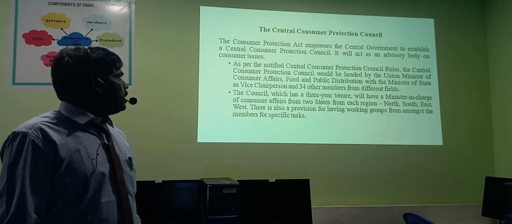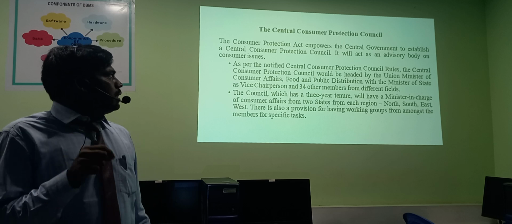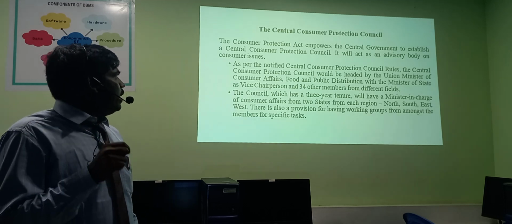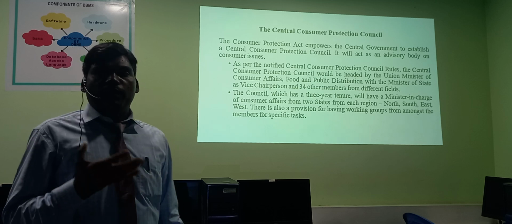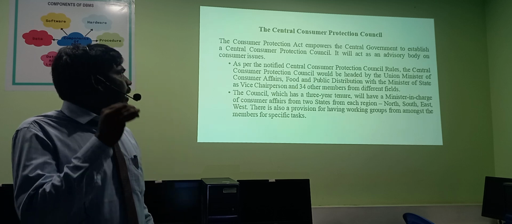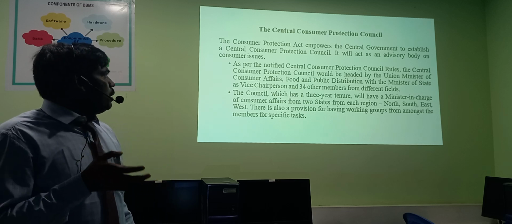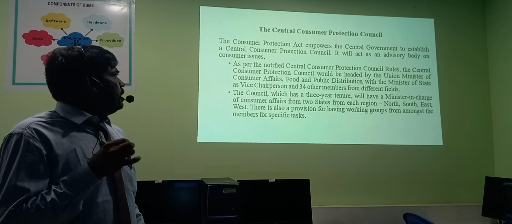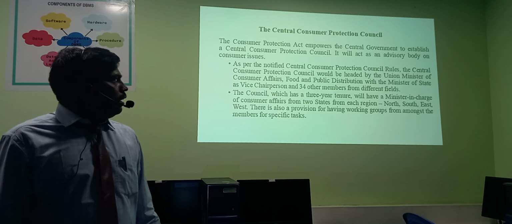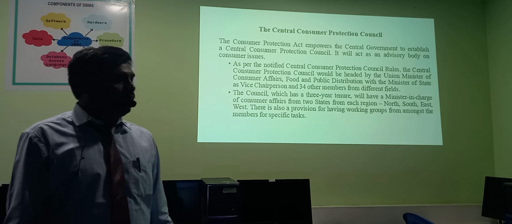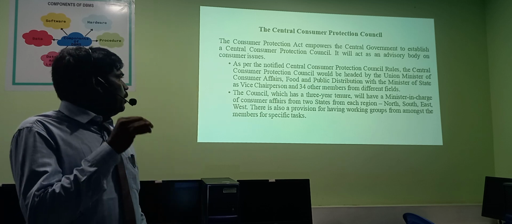The Central Consumer Protection Council. The Act empowers the Central Government of India to establish the Central Consumer Protection Council. It will act as an advisory body on consumer issues, as notified by the council rules. The council would be headed by the Union Minister of Consumer Affairs, Food and Public Distribution, with the Minister of State as Vice President and 34 other members from different fields.